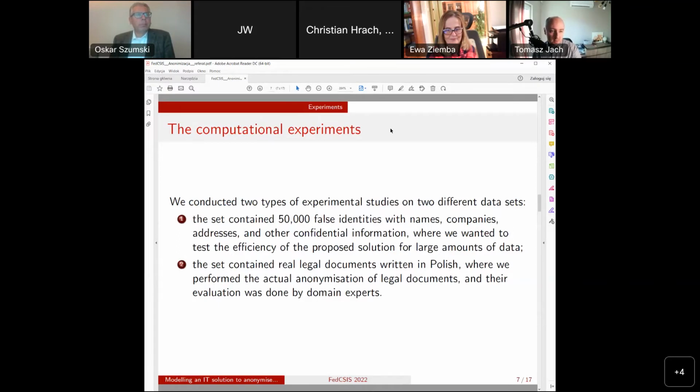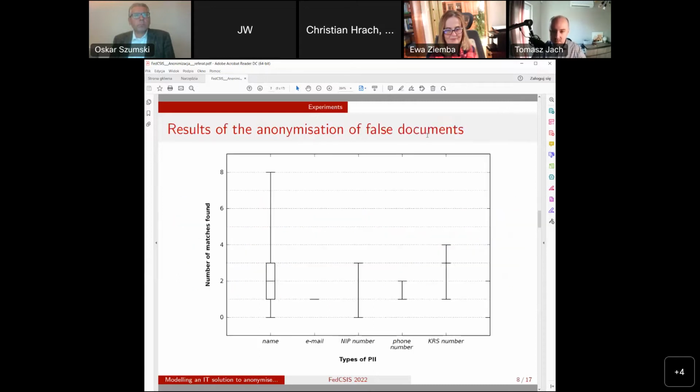Then we validated the results on a set containing legal documents written in Polish, where we performed the actual anonymization.